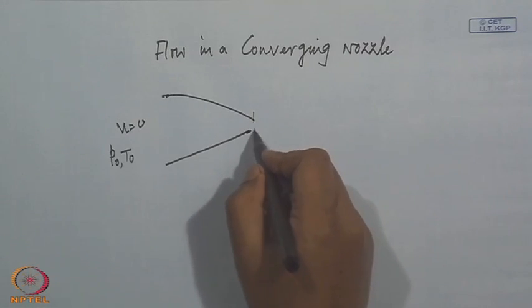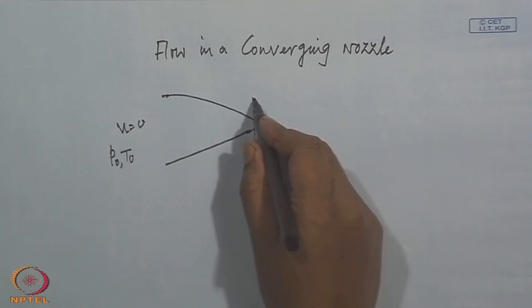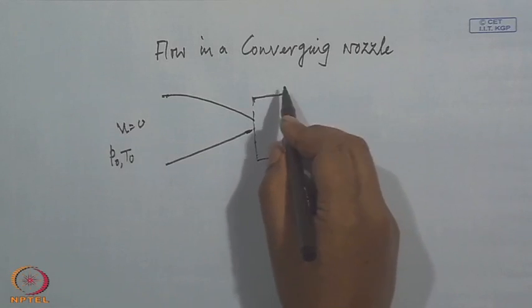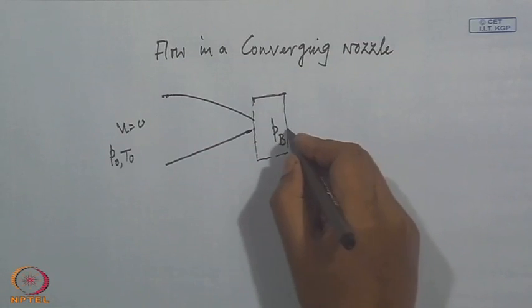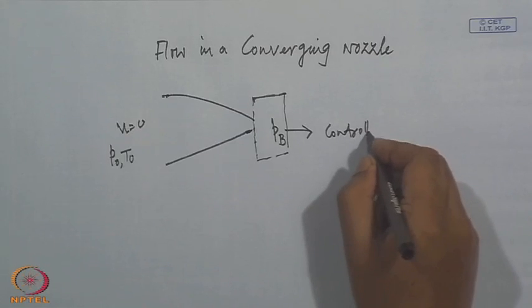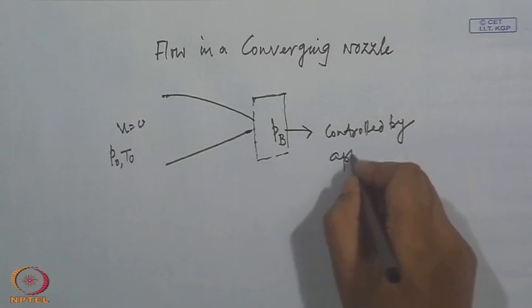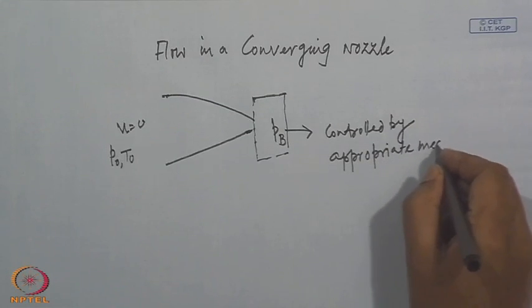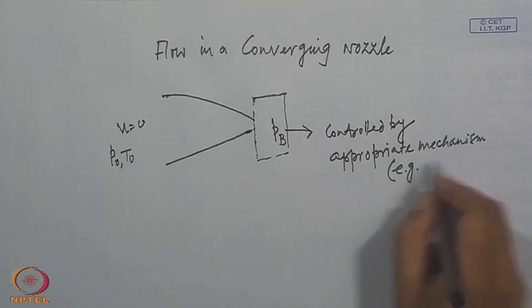and at the other end we can control this pressure by some valve mechanism where the pressure is P b, controlled by an appropriate mechanism, say as an example a valve.